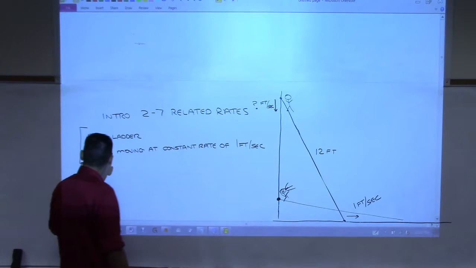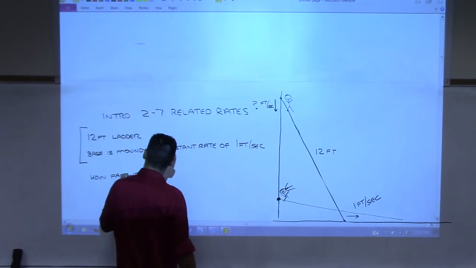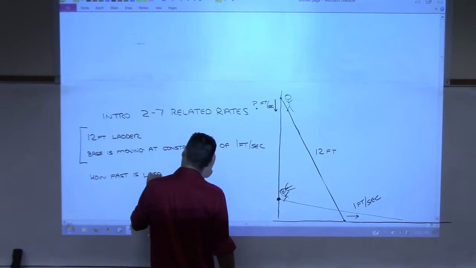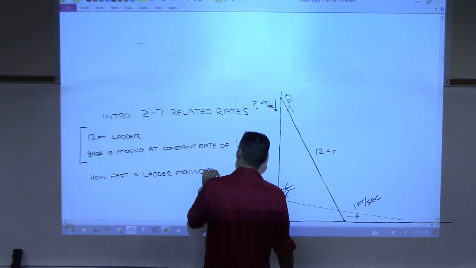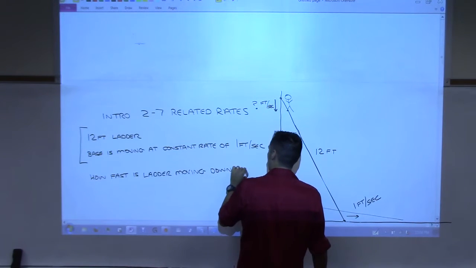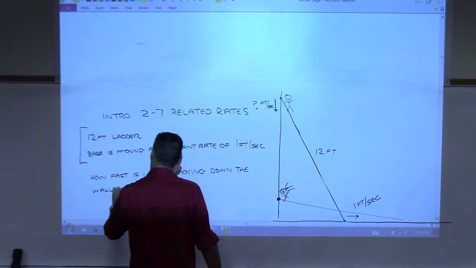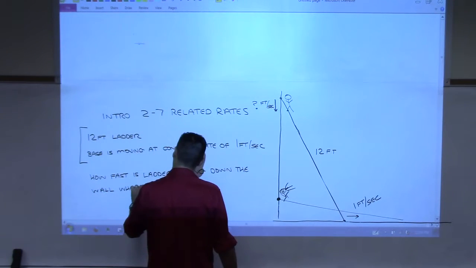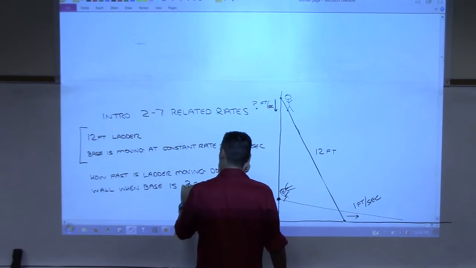Question. How fast is the ladder moving down the wall when the base is 3 feet from the wall?